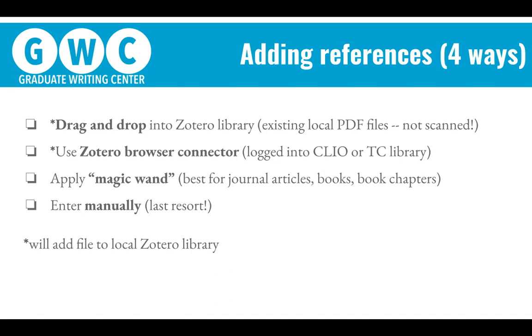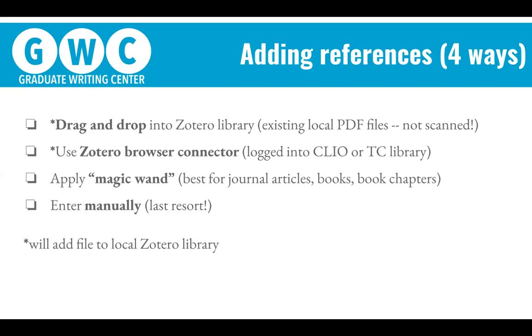In order for this browser connector to be really useful for file storage, you want to make sure that you are logged into either Clio or TC Library so that you have access to the files themselves. And so with the connector, once you click on a particular icon, you will not only download the reference material, so the metadata associated with the file, but the file itself. And again, I will give you a visual demonstration of this in a moment.